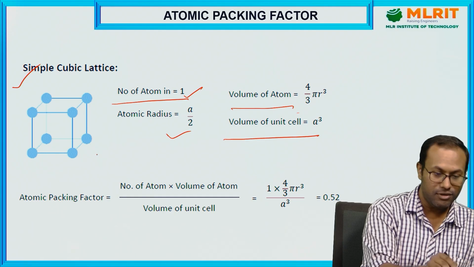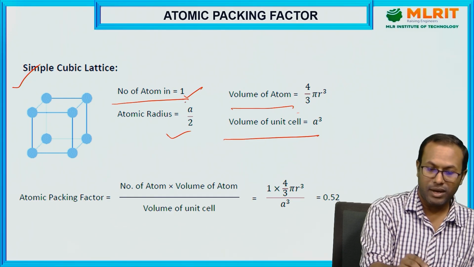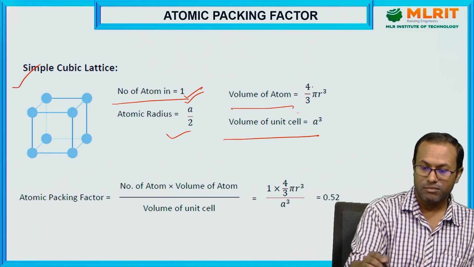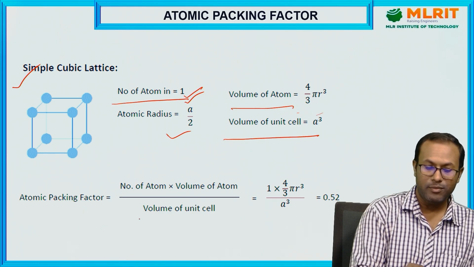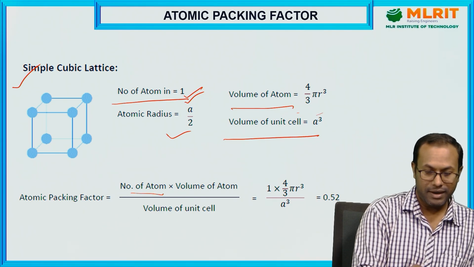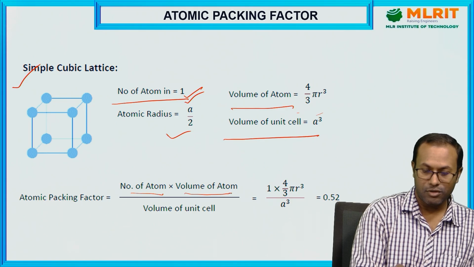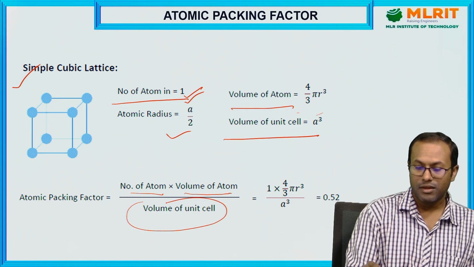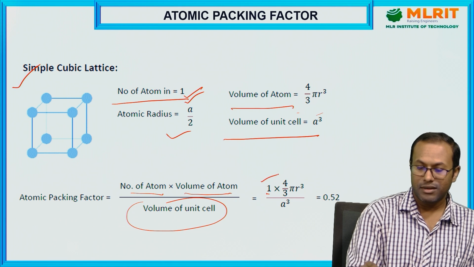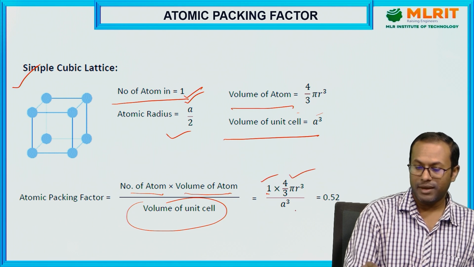So the atomic packing factor is the number of atoms times the volume occupied by that atom divided by the total volume of the unit cell. So the effective number of atoms is 1, the volume of that atom is 4 by 3 pi r cube, and a cube is the volume of the unit cell.